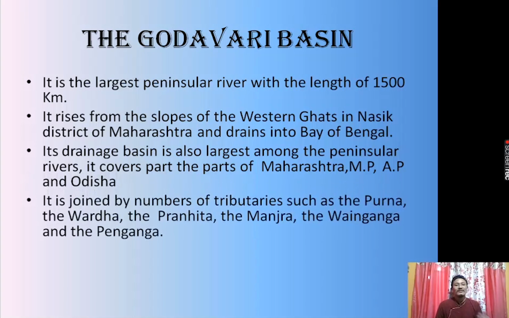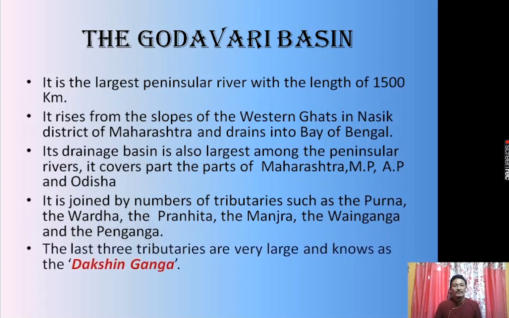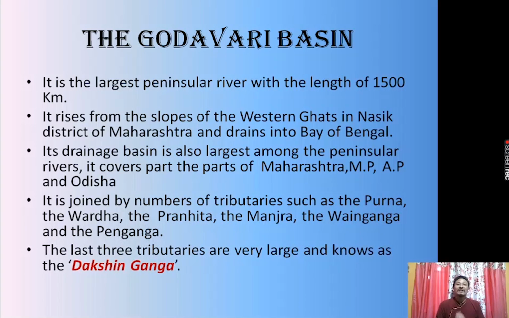Then it is joined by a number of tributaries such as the Purna, the Wardha, the Pranhita, the Manjra, the Wainganga and the Penganga. I'll try to show you the location of these rivers on the map. The last three tributaries are very large and known as Dakshin Ganga.